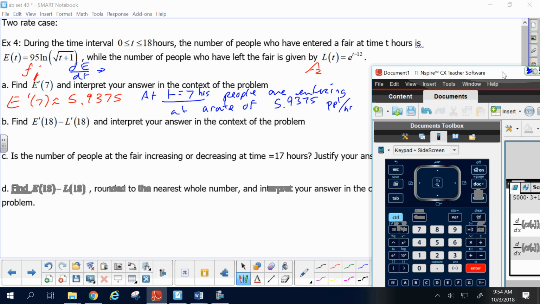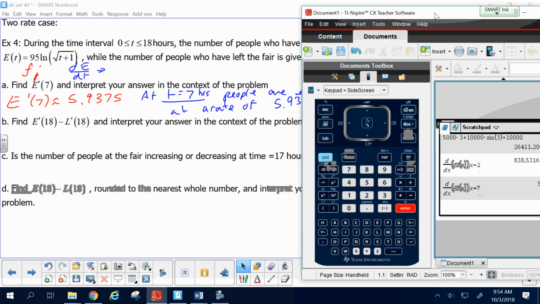Would you find and interpret E prime at 18 minus L prime at 18? That one's a little harder. Calculation and what it means.